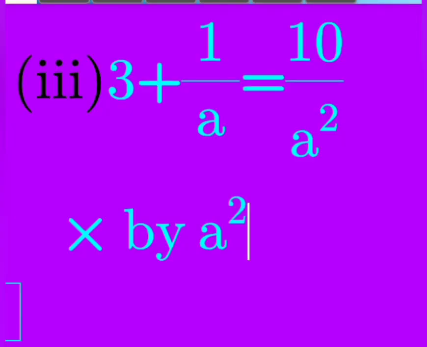Now third sum, 3 plus 1 by a is equal to 10 by a squared. So in order to cancel a squared, we have to multiply both the sides by a squared.